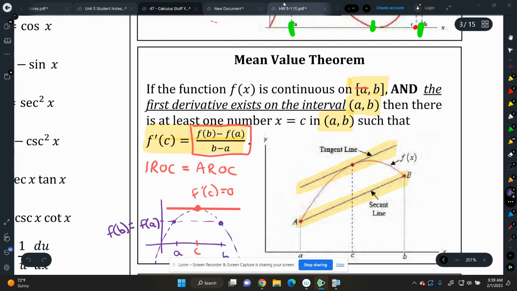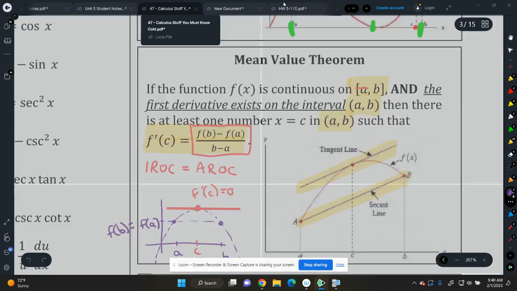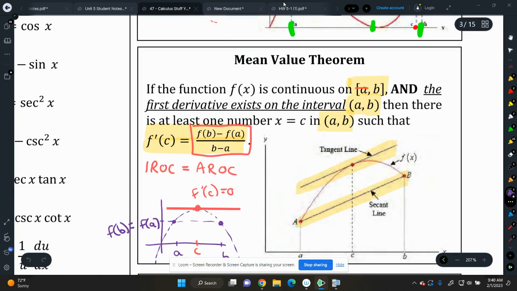So we have to restate this. But they'll take points off. Continuous on the closed interval negative 6, 3, and differentiable on the open interval negative 6, 3, right? Did I say that right now? Yeah. Okay.